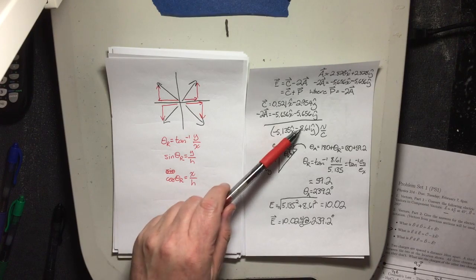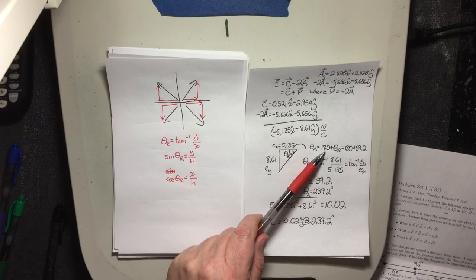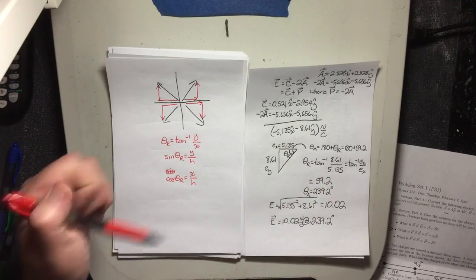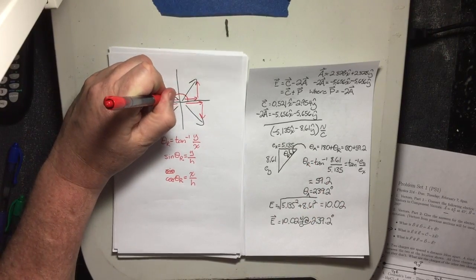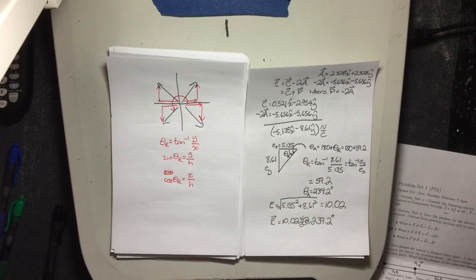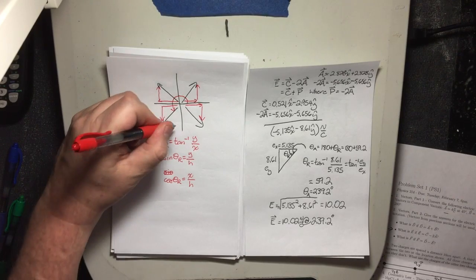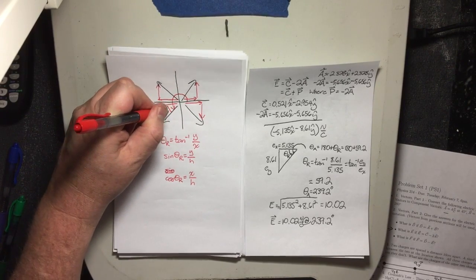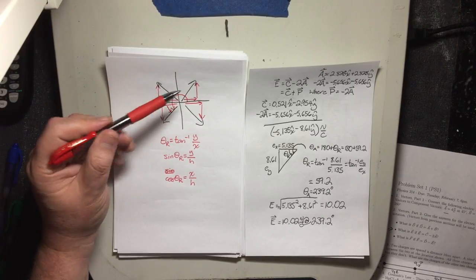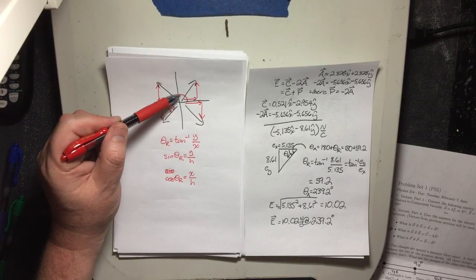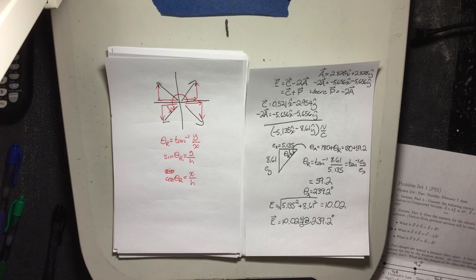But this is negative, negative. So what I have to do is add 180 to the reference angle so I can get that angle right there. The 59 is that. The 239.2 is this. And so that's kind of an abbreviated vector tutorial.